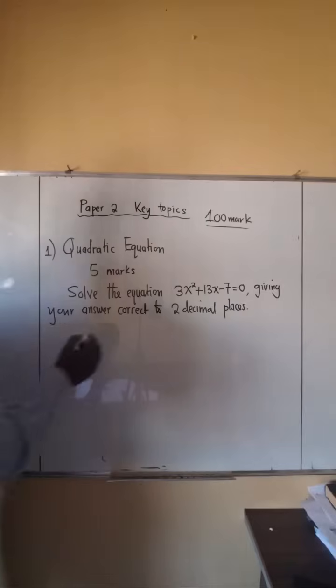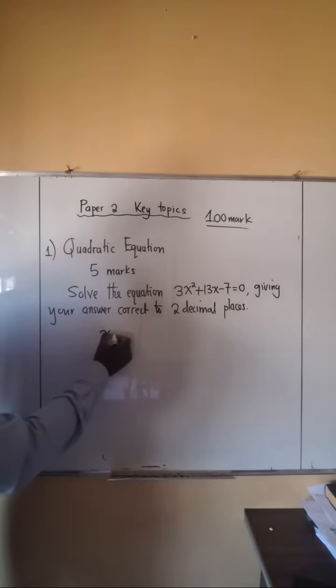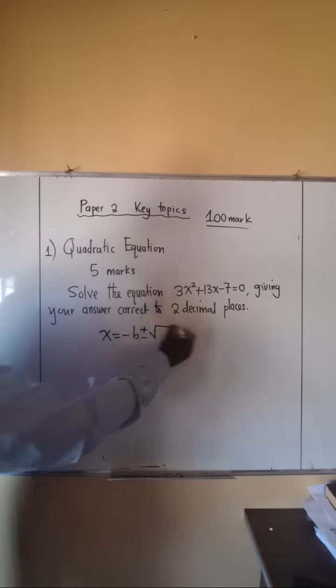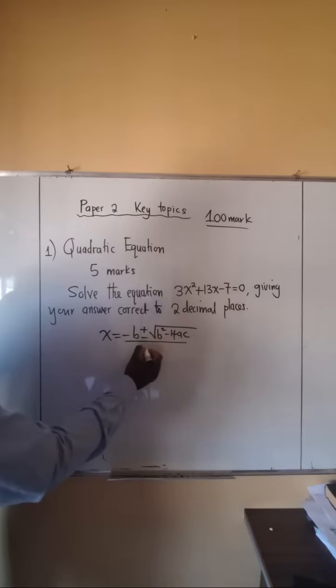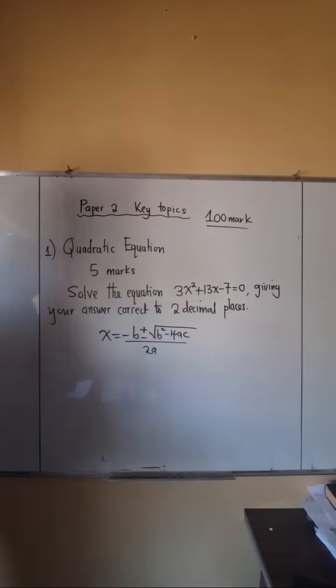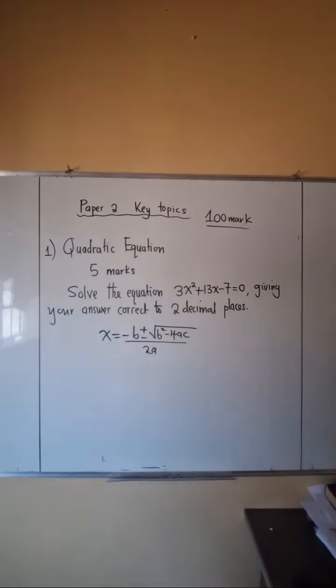For the quadratic formula, it looks like this: x = (-b ± √(b² - 4ac)) / 2a. If you're writing your GCE, consider these 5 marks as free marks for you, because I'm going to show you how to work it out.